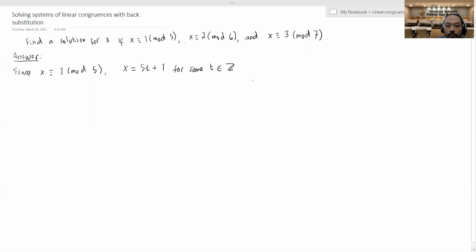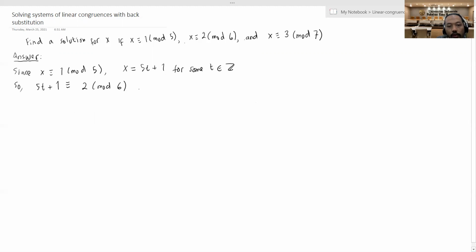Now this expression for x can be substituted into the second congruence. So we have that 5t plus 1 is congruent to 2 modulo 6.